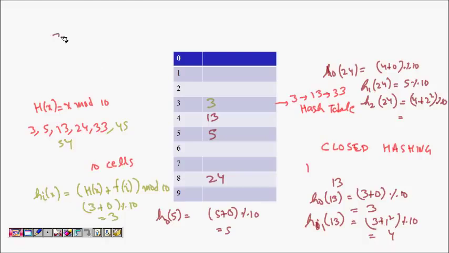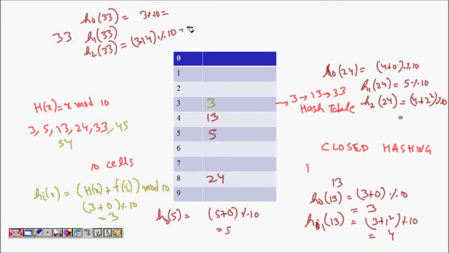Then we have 33. h0 of 33 will be 3 plus 0 mod 10, so it's 3, but there is a collision. h1 of 33 is 3 plus 1, which is 4, and 4 is occupied. So h2 of 33 will be 3 plus 2 square, so 7 mod 10, so it's 7. 7 is still empty, so 33 will come here.